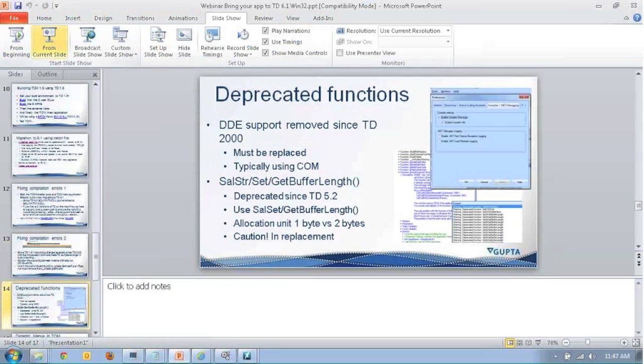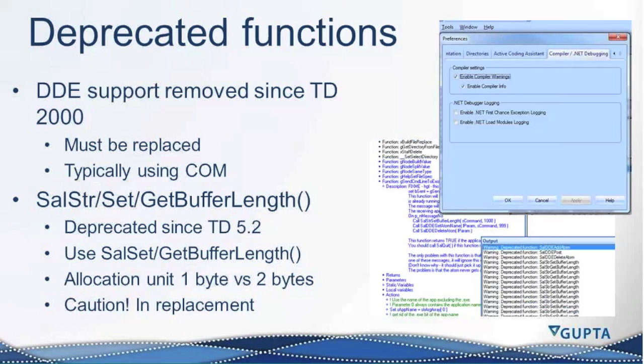As you're moving forward into TD 6.1, there are some things you need to remember. DDE support was removed since TD 2000, so it must be replaced, typically with a COM replacement for that.